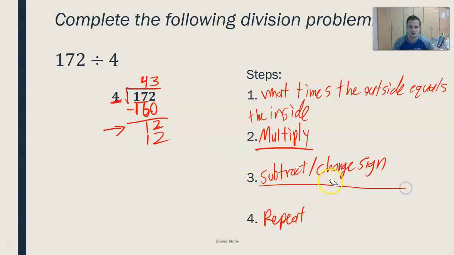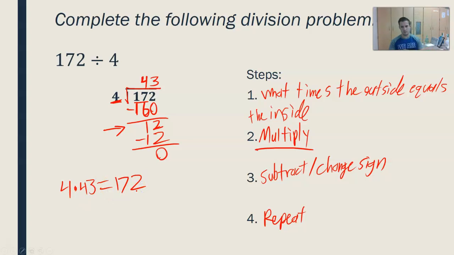Then I'm going to subtract, or change the sign here. 12 minus 12 is 0. And I'm done. I'm completely done. 4 can no longer go into 0. I'm not dropping anything down. 4 ends up dividing into 172 perfectly, 43 times. And if we wanted to double check our math, 4 times 43 is indeed 172.